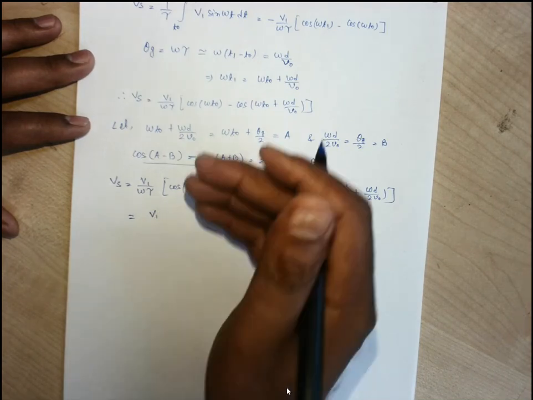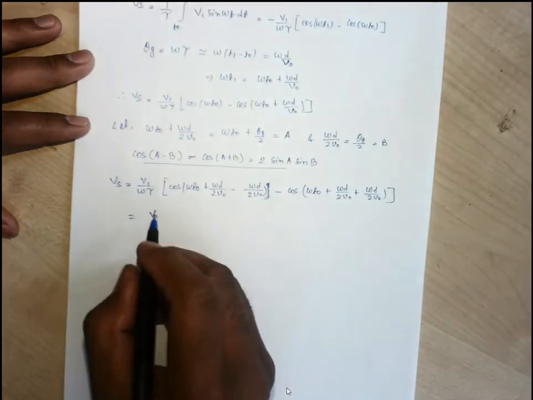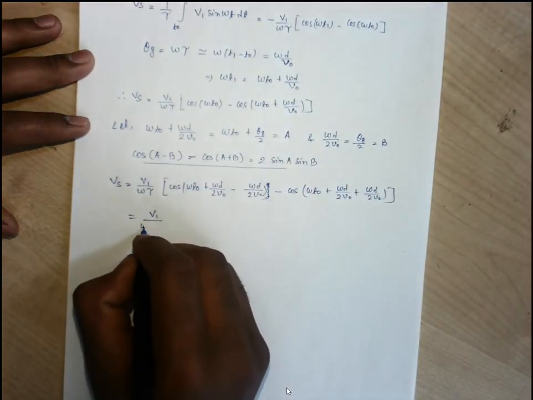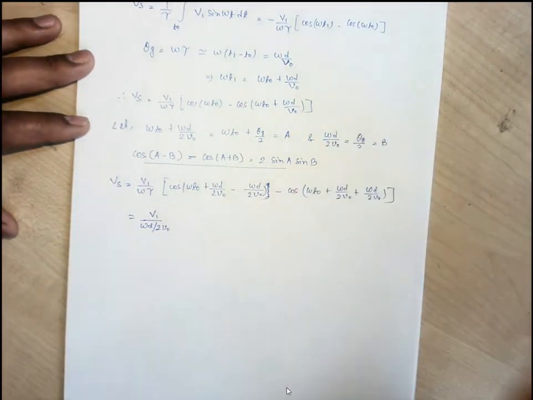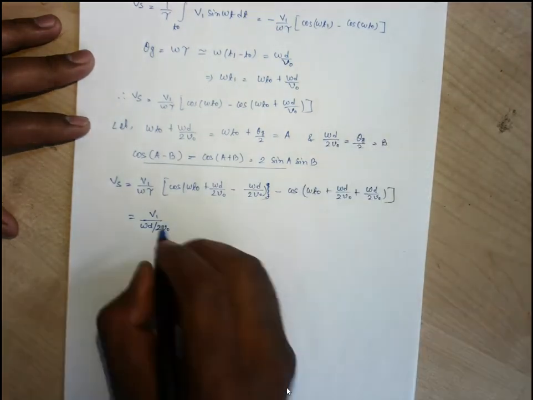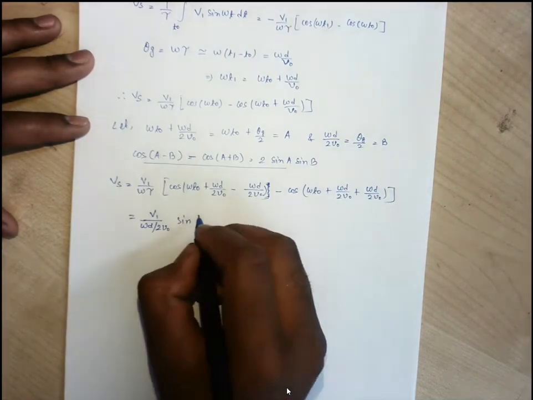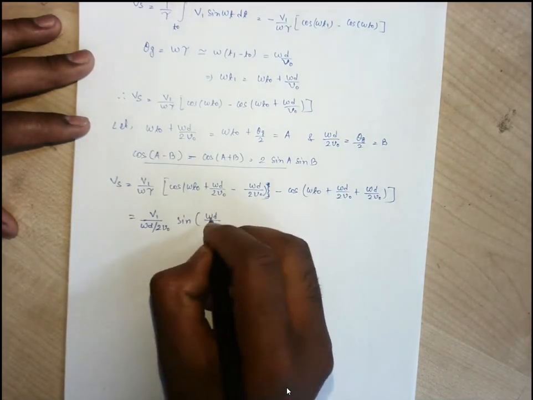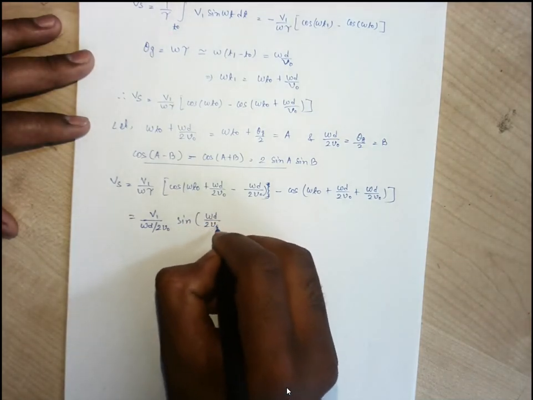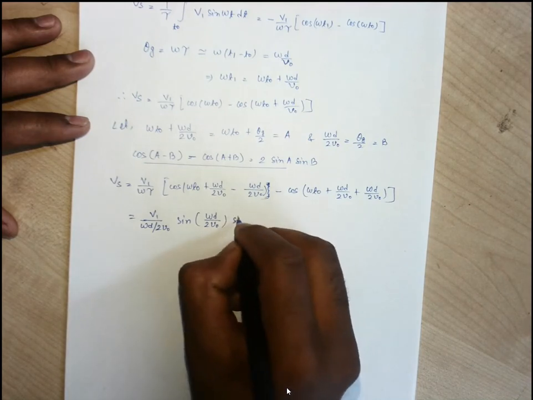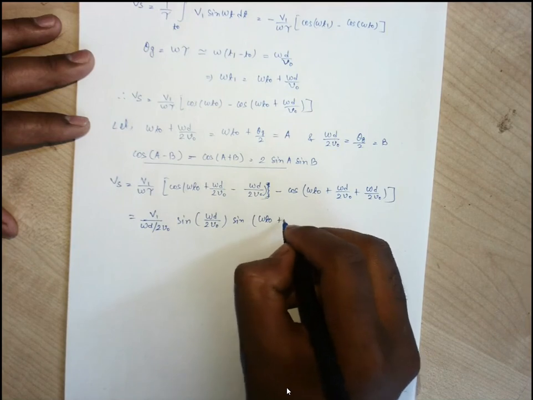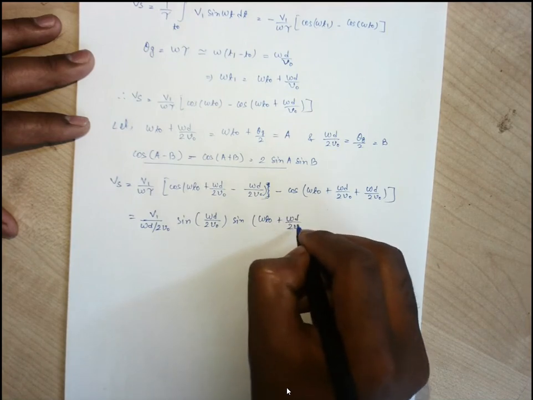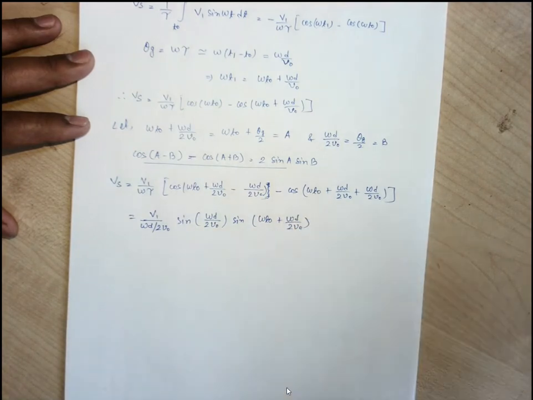So I am just taking this 2 in the numerator, omega d by twice of v0, to have this kind of similarity, that is sin omega d by twice v0 into sin omega t0 plus omega d by twice of v0.